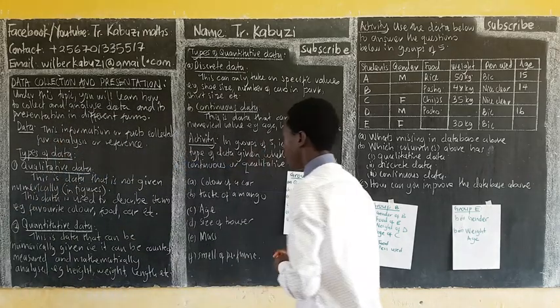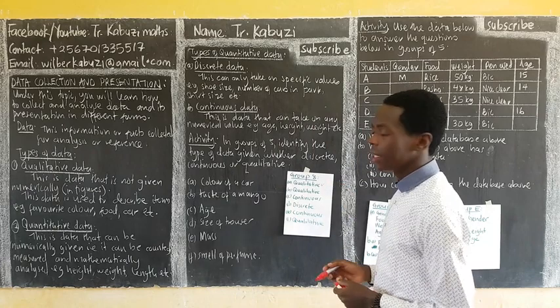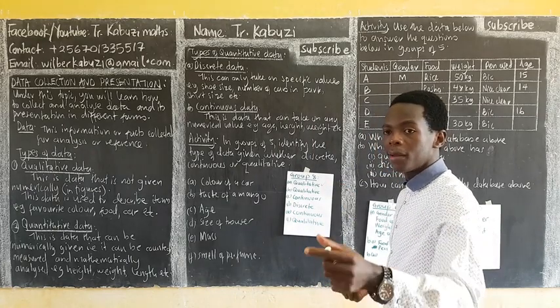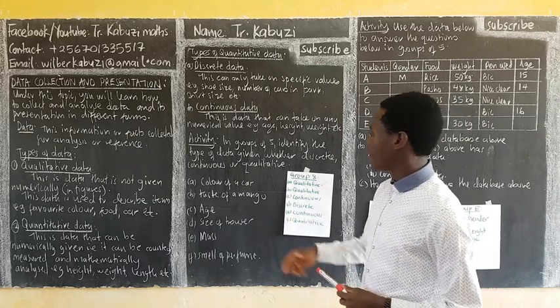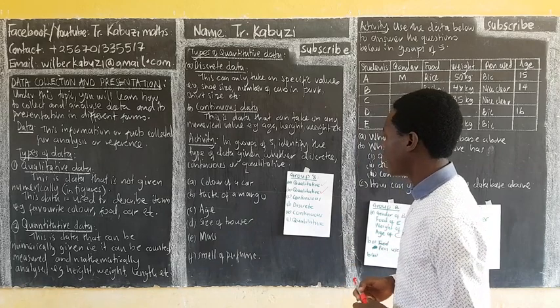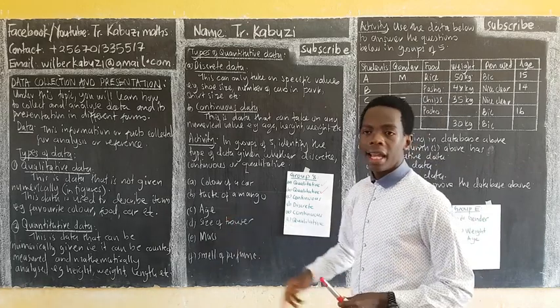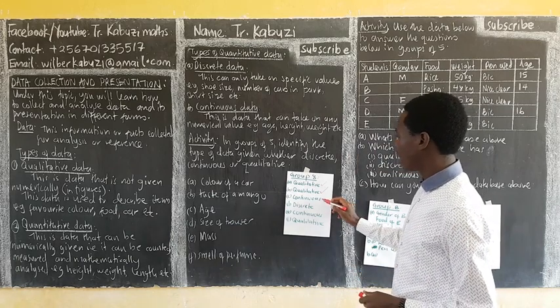Color of a car, group 8 is telling us it's quantitative. Why quantitative? Because you can't measure it. Then the taste of a mango, they are telling us also quantitative, which is very okay. Then age, they are saying it's continuous, it's very okay.